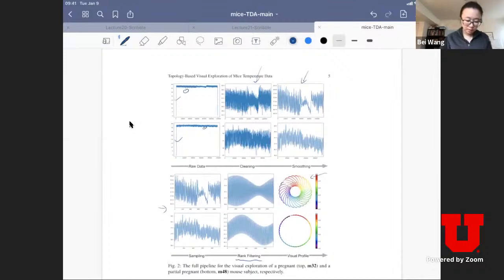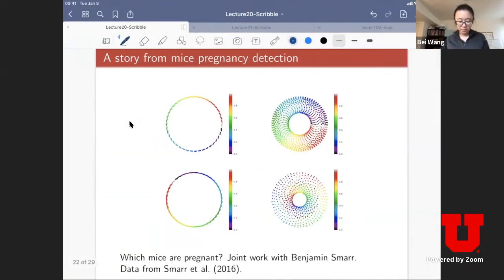So going back to here, this is the high dimensional point cloud of the mice temperature data, pre-processed, including using the rank filter, and then projected into low dimensional space.